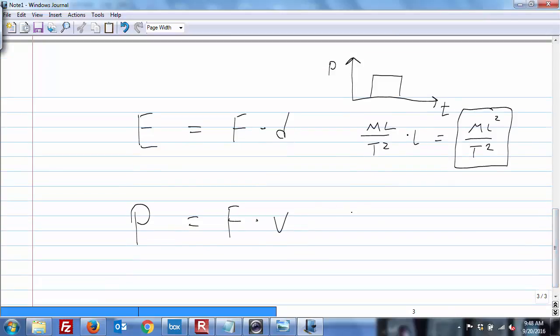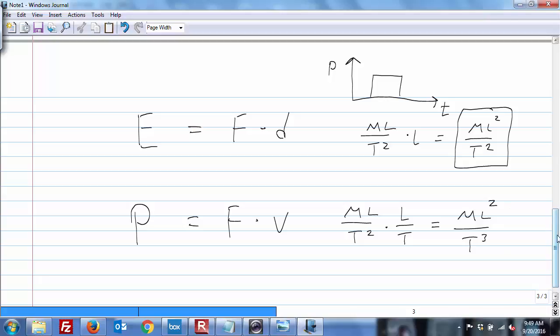Now for power, we just multiply force by velocity. Velocity is meters per second, or miles per hour: distance divided by time, length divided by time. So we get mass times length squared over time cubed.